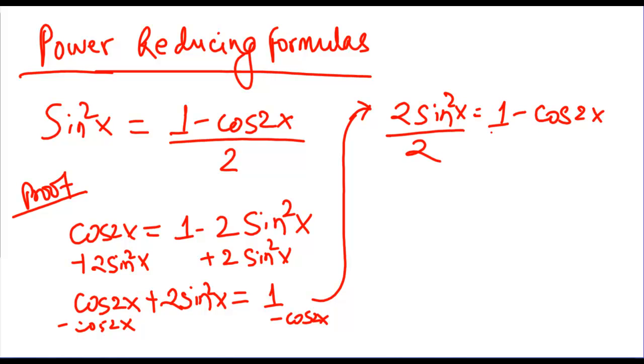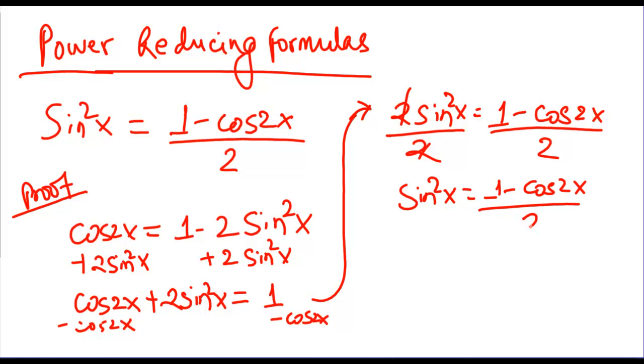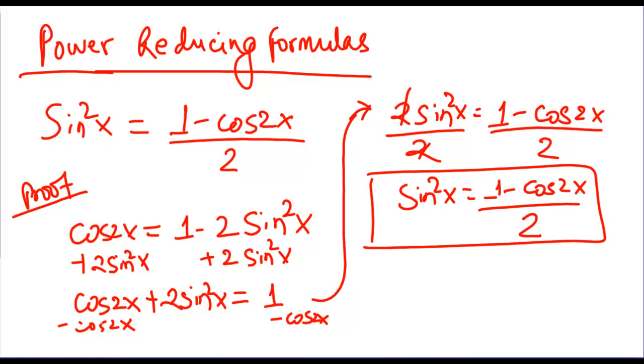Divide both sides by 2. That gives me sine squared x equals 1 minus cosine of double angle over 2. So I just reduced my power from 2 to 1. So then this is equal to what we have here.